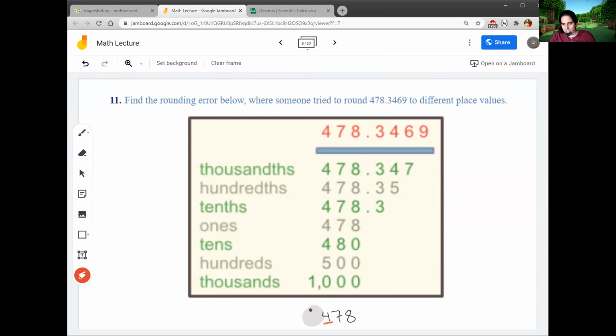Should the 4 have made the 0 here into a 1? No, 4 is not 5 or bigger. So this should be just 0. Good eyes, that's tricky. Anyone have questions on that one? No.